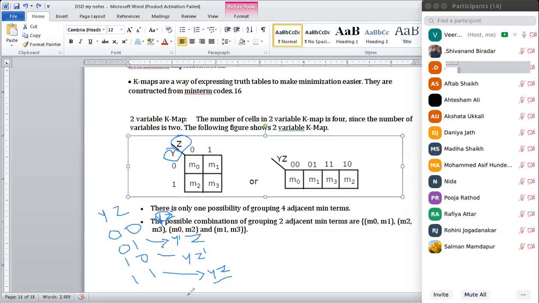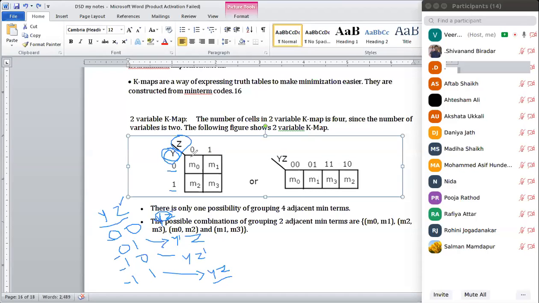But now, how are these inputs mentioned here? So this Y is going to vary between 0 and 1. That is it, Y is either 0 or 1. What about Z?